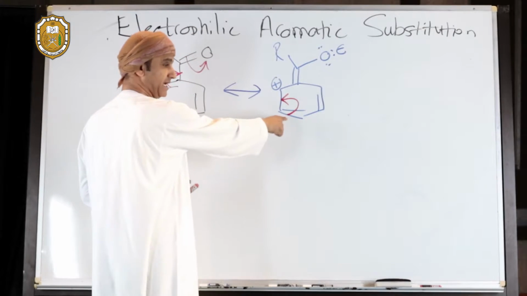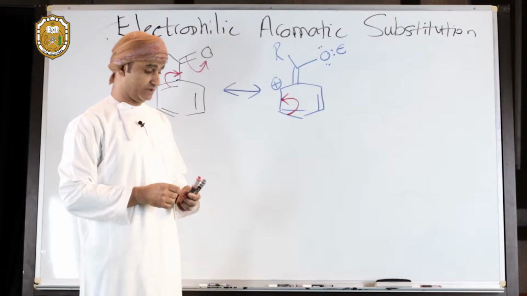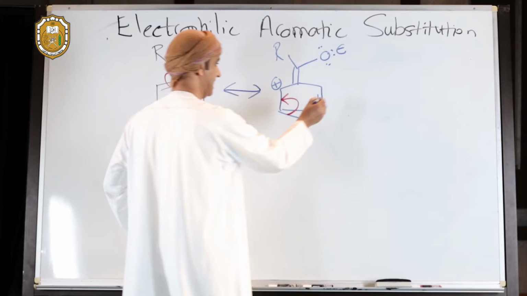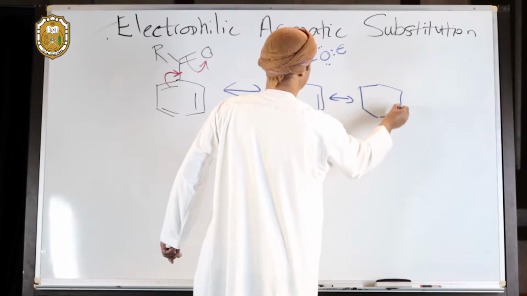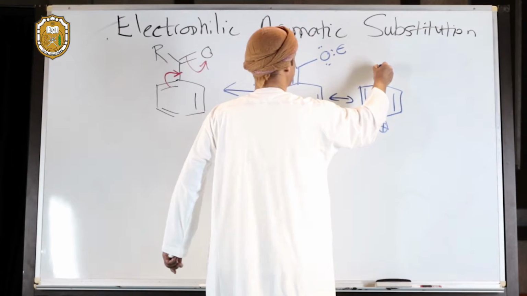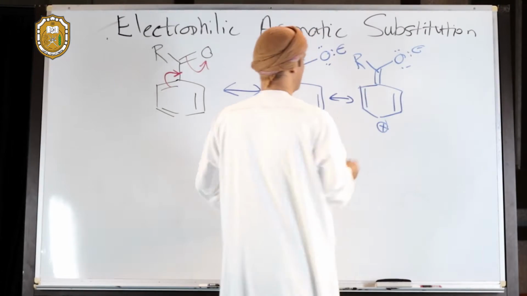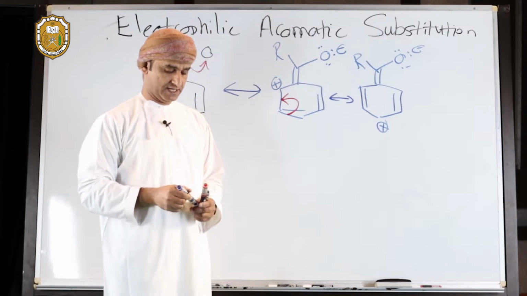You can continue to delocalize electrons in the same manner that we did before. So we break that carbon-carbon double bond, and now we make a double bond here between this carbon and the positively charged carbon to get something like this. And now, in this resonance form, the positive charge is on that carbon.